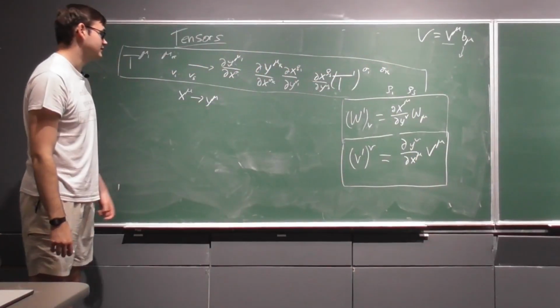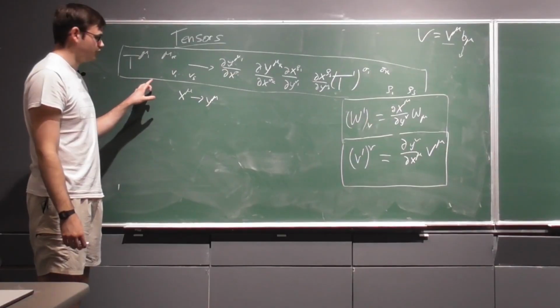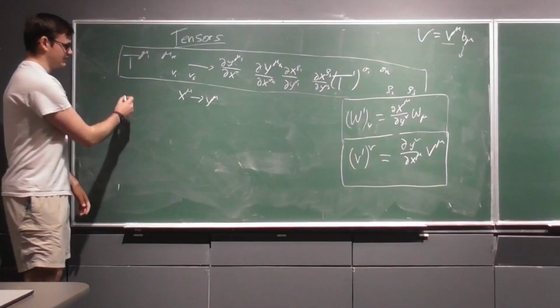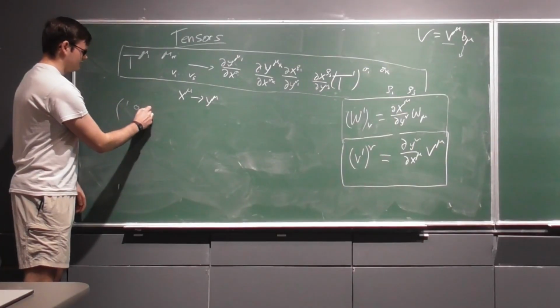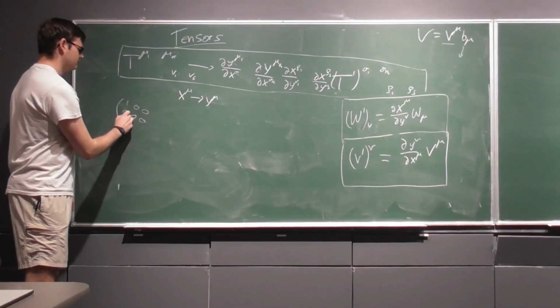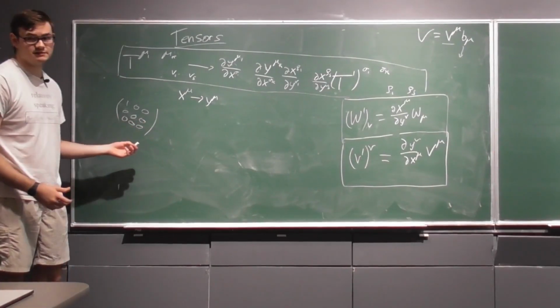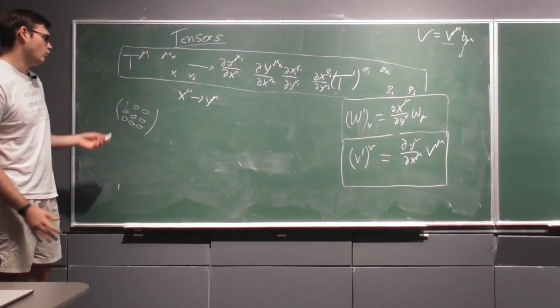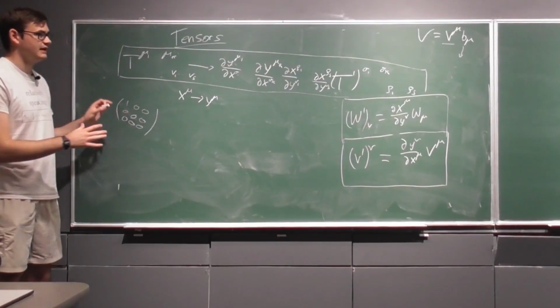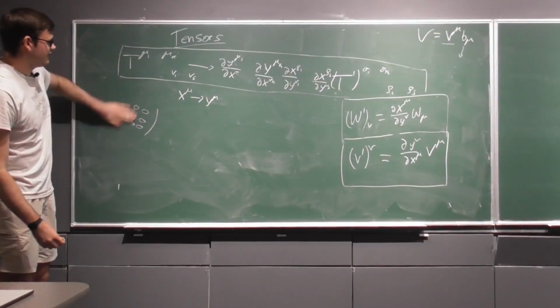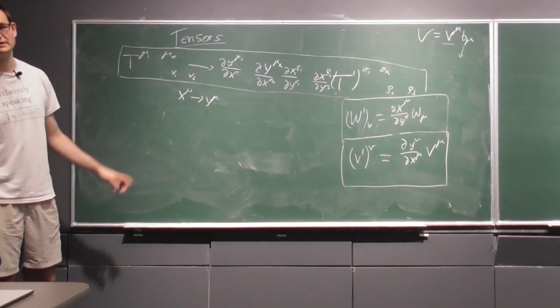Now, because they're multiple component objects, the bases are a little more weird. If there are two indices, for example, this would be a matrix with a one in one place, and then you would expand over all possible places of the one, and that would be your basis. So the basis components for these will look a little different.